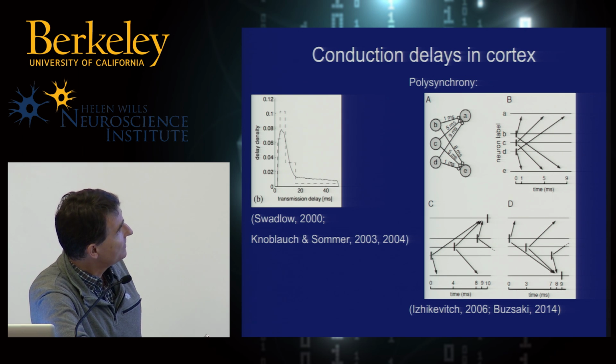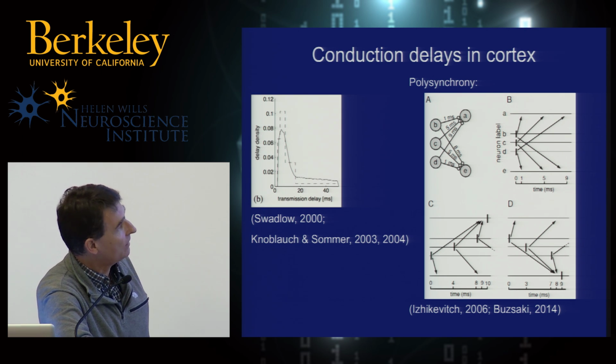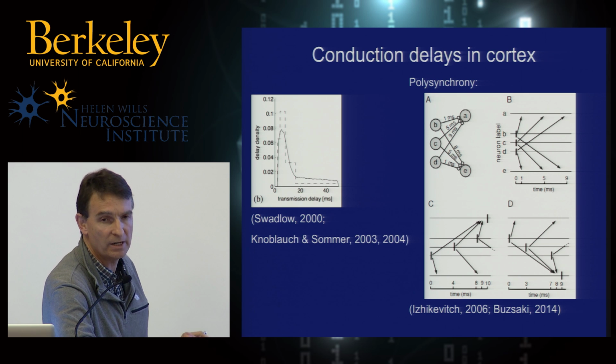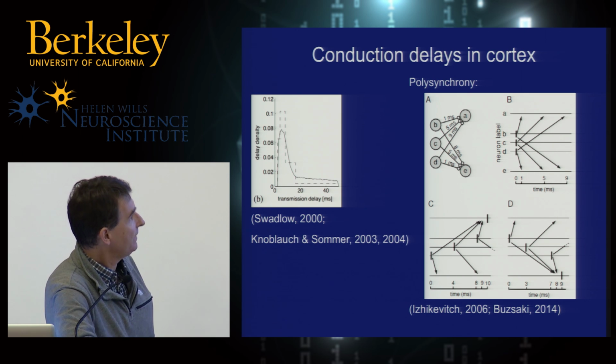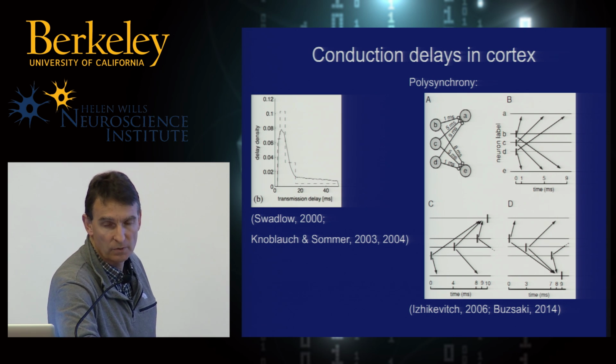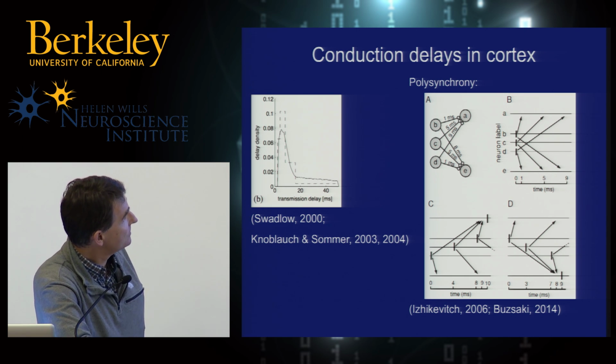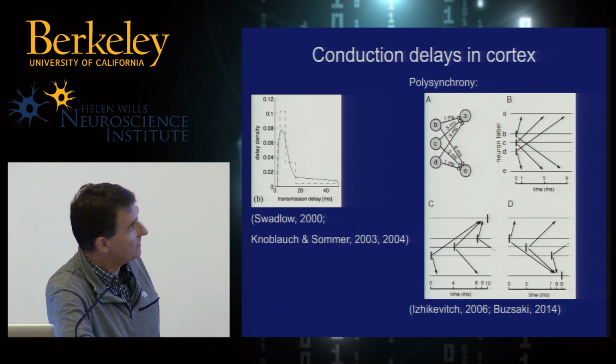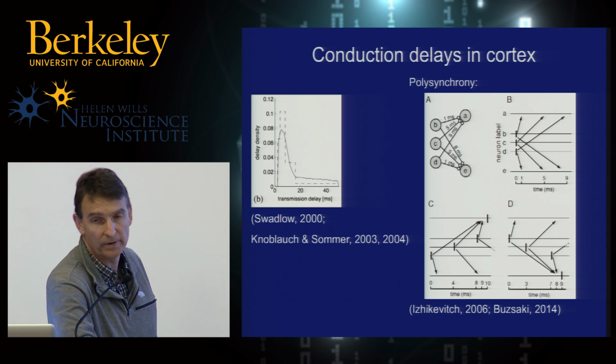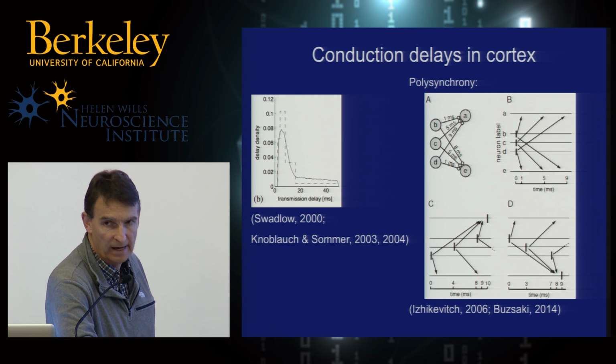It's just a histogram of how often he measured a given conduction delay across many cell pairs. I think this is through the callosum, so this is not a local connection, it's a long-range connection in cortex. What he finds is a peak maybe around 7 milliseconds, but you have a pretty heavy tail of very, very slow fibers.